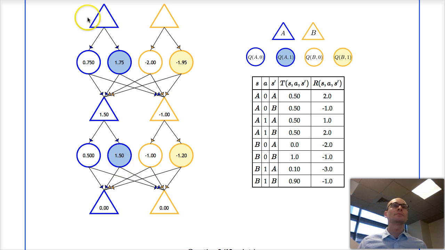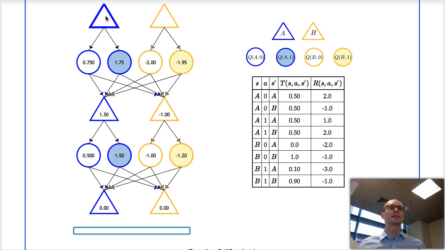All right. Now here at the top layer, we're in state A. We're going to choose between two actions, 0 and 1. Action 1 is the highest expected sum of rewards, so that's the value we're going to take for this state, 1.75. And then here at the top, we have, again, the choice between two actions.